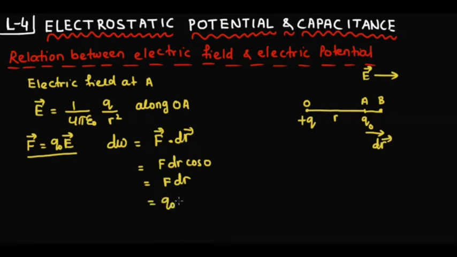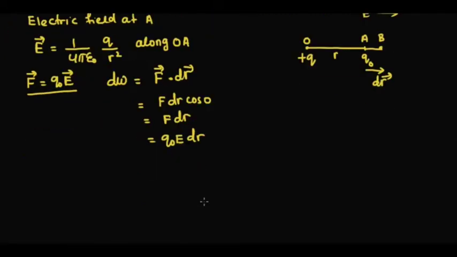F is q naught E, so I can write q naught E dr as the small amount of work done by the electric force to displace the test charge q naught from A to B. Okay, this is one expression for the work done.